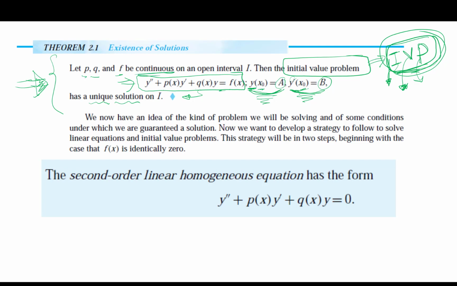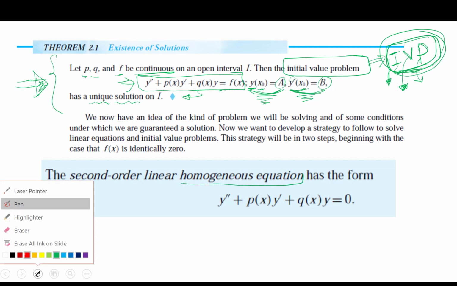Okay, now we have an idea of the kind of problem that we're going to solve, and we need to put some strategy to start with, to find how to solve our equation. First of all, we're going to start with the homogeneous equation. So let's put it like a title here.